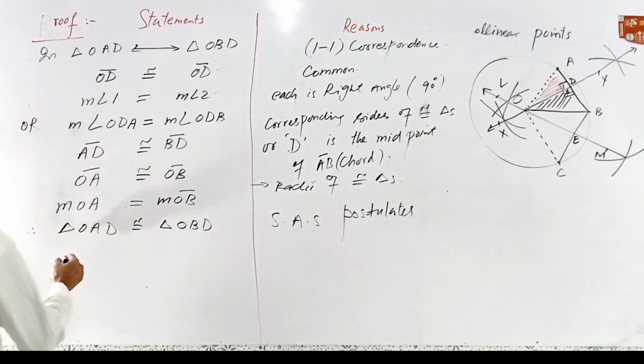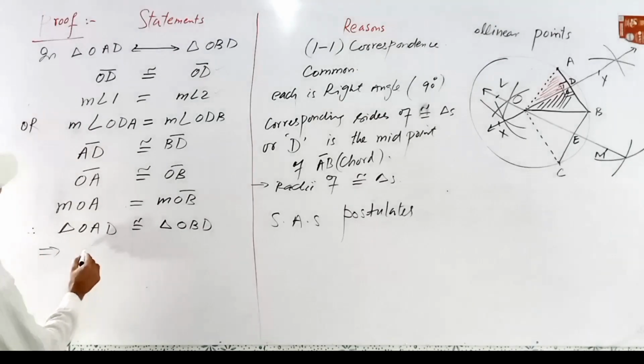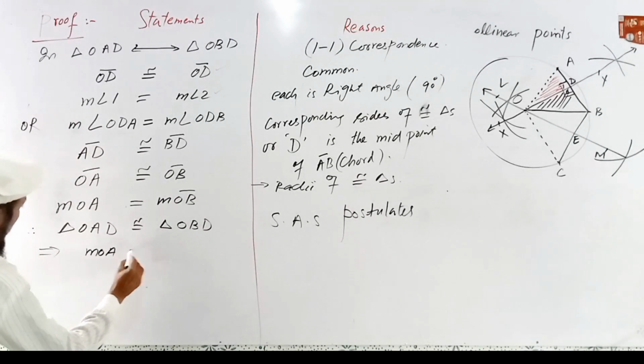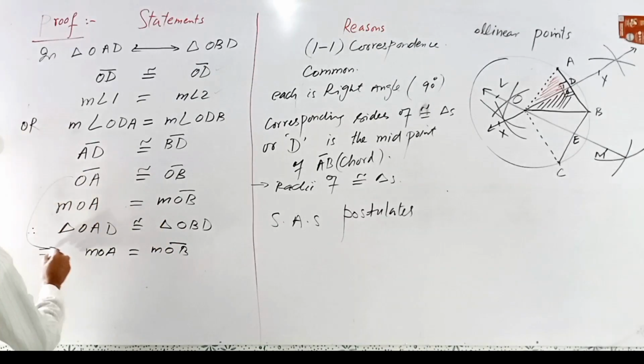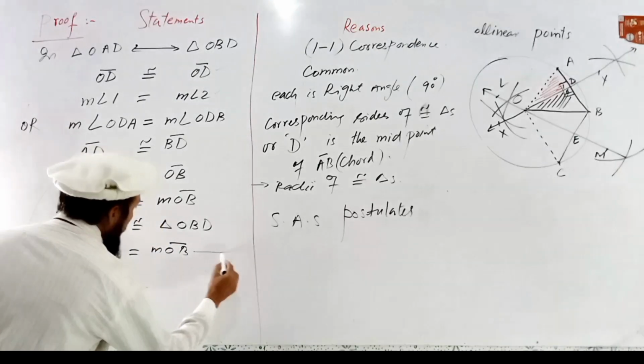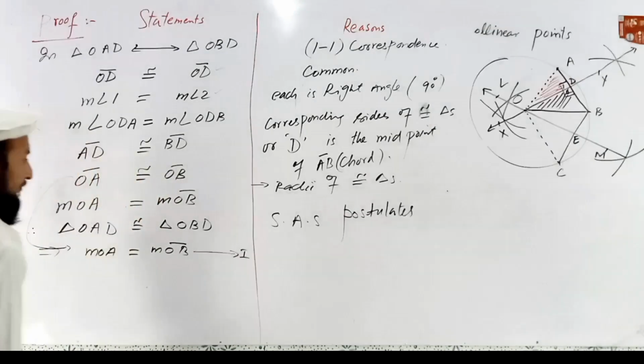So from this we can say that measurement OA is equal to measurement OB. This statement we also write from here. So equation number first.